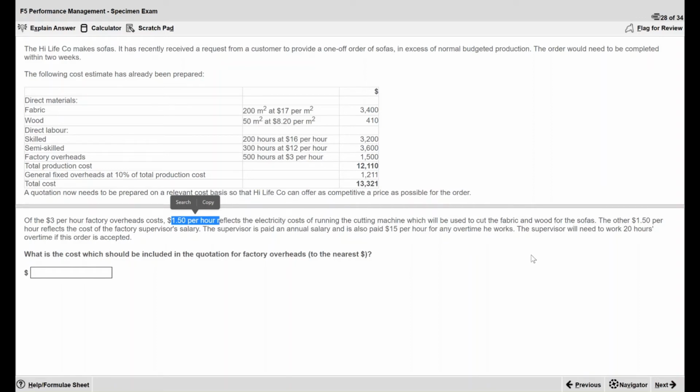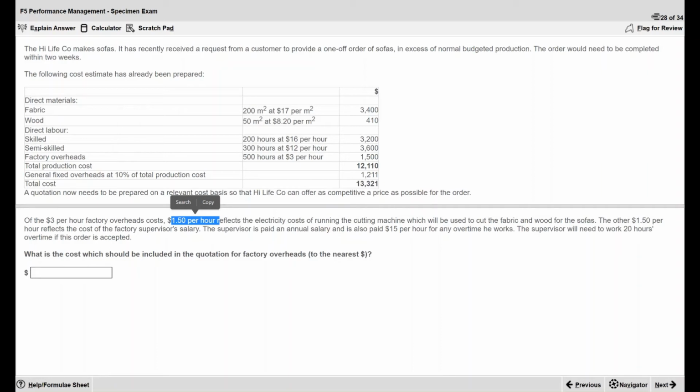The other 1.50 per hour reflects the cost of factory supervisor's salary, irrelevant. Remember, fixed costs apportioned are irrelevant. The supervisor is paid an annual salary and is also paid 15 per hour for every overtime hour he works. The supervisor will need to work 20 hours overtime if the order is accepted.